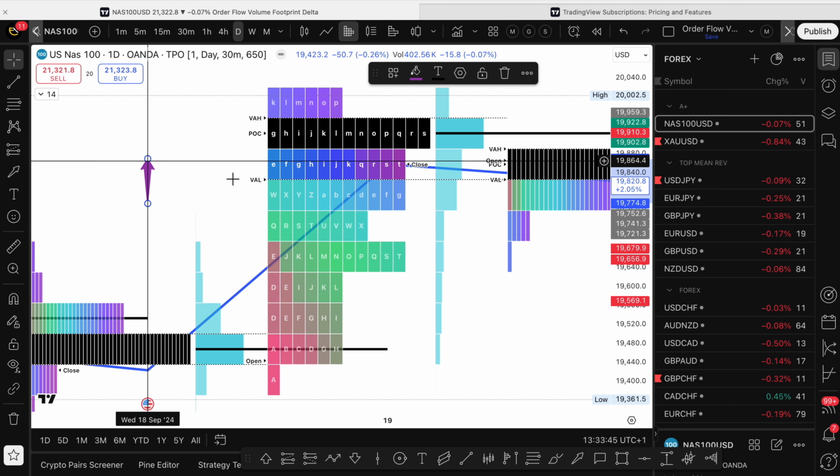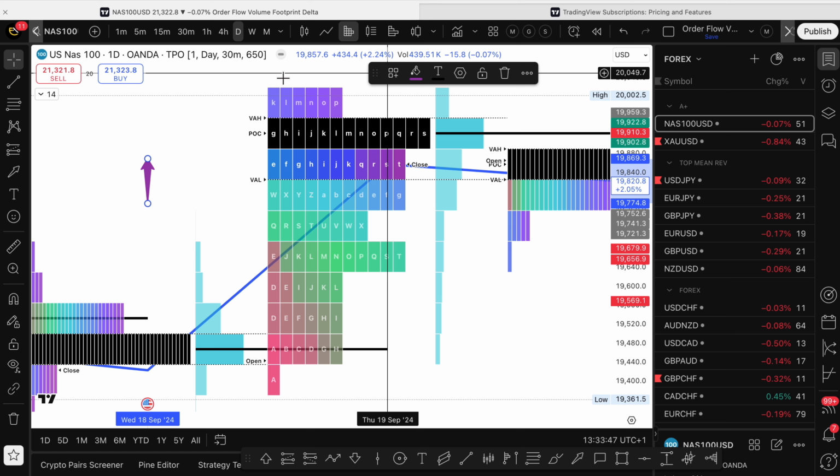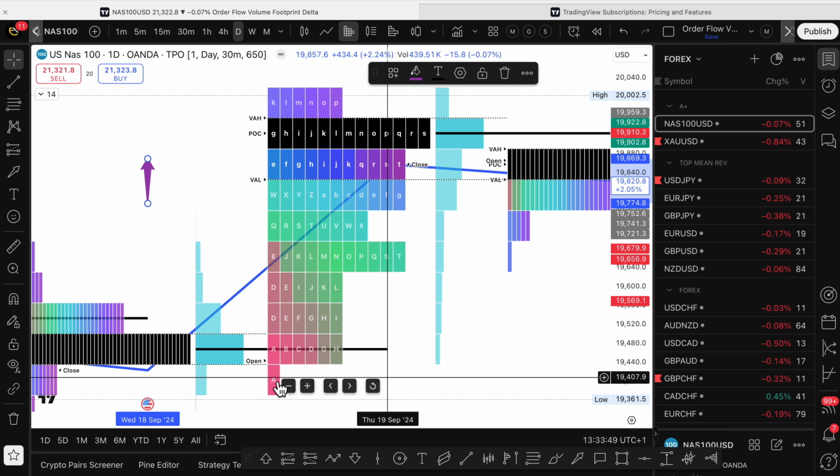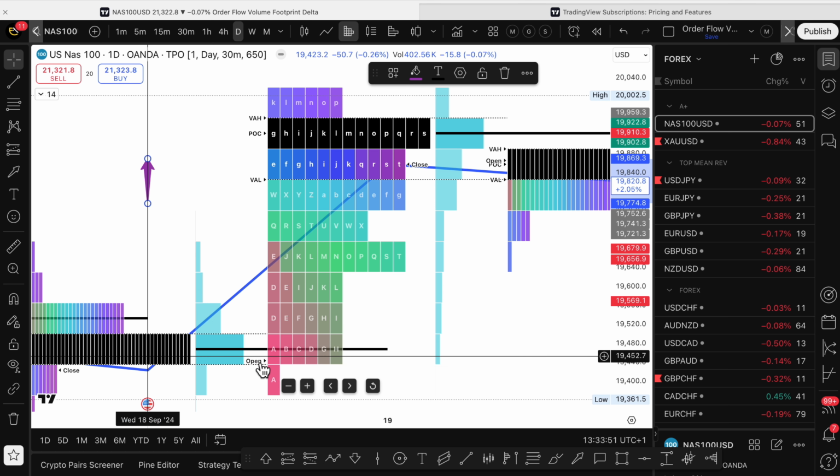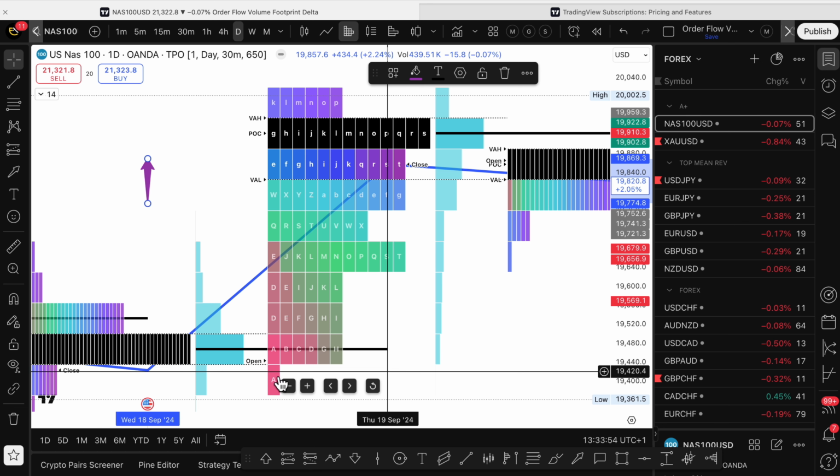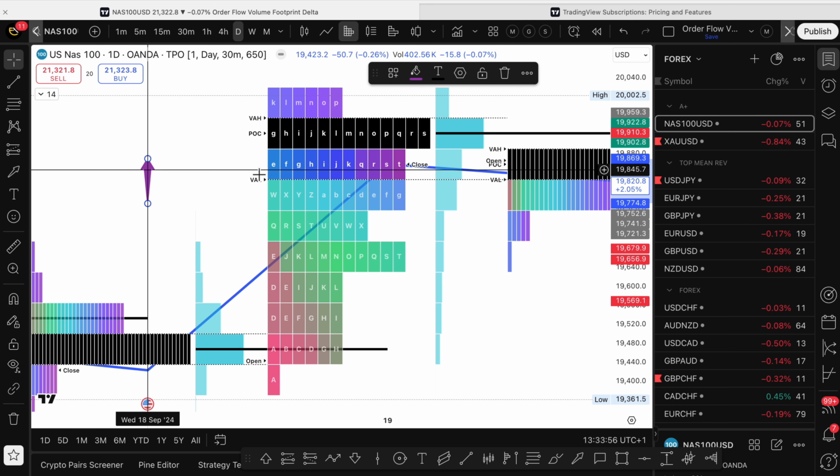So it gives you an alphabet and tells you where, here you can see A and B, so a lot of sellers were in control in the first 30 minutes. Here you've got your point of control, value area high, value area low.